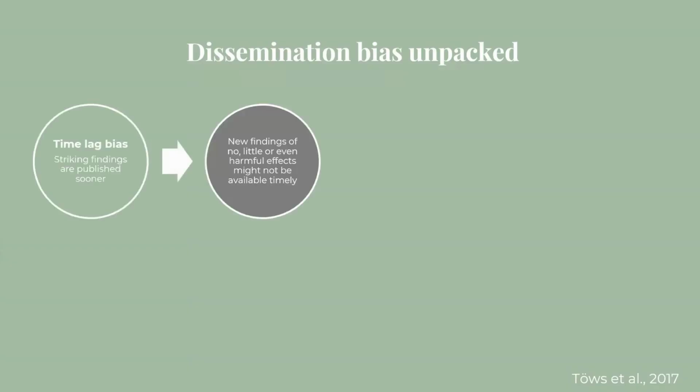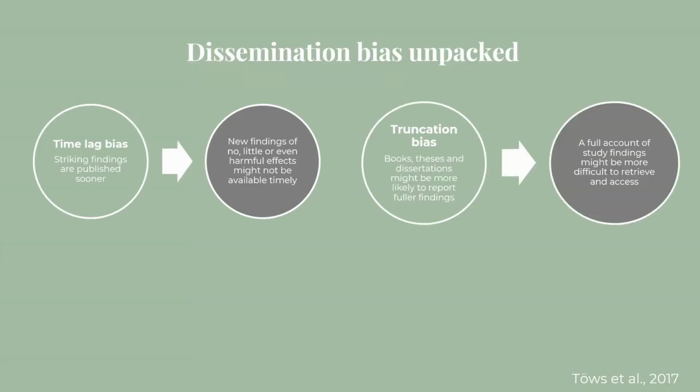We also found different underlying mechanisms to be relevant for dissemination bias in qualitative research. These are time lag bias. And this describes that studies with less striking findings or less newsworthy findings are published later than studies with remarkable findings.